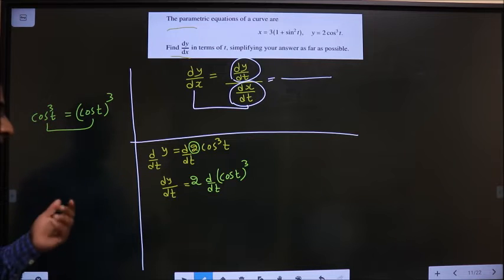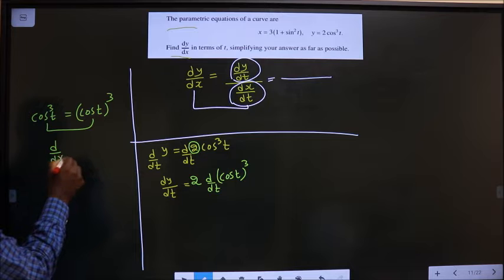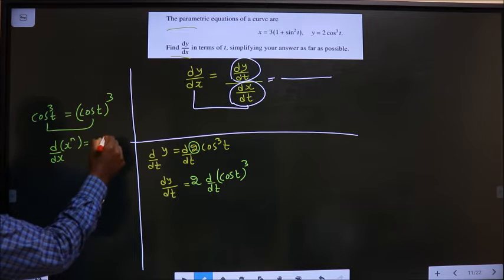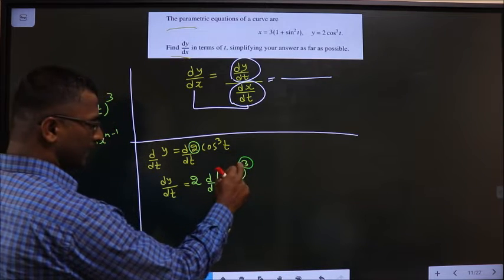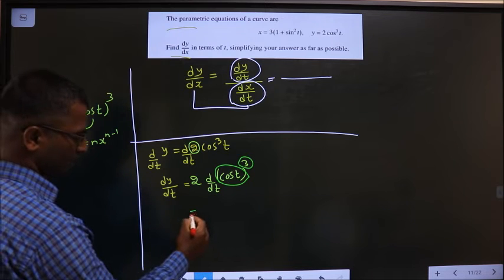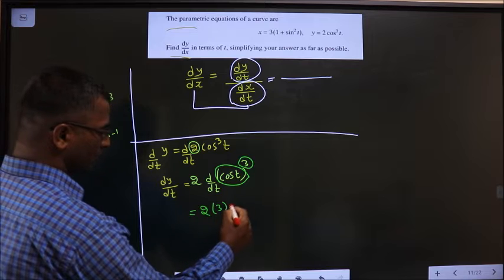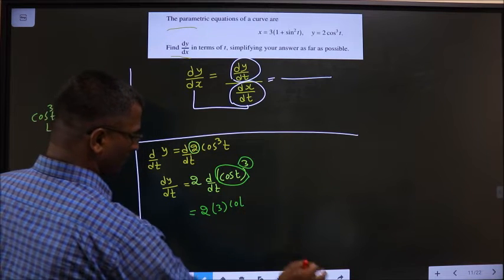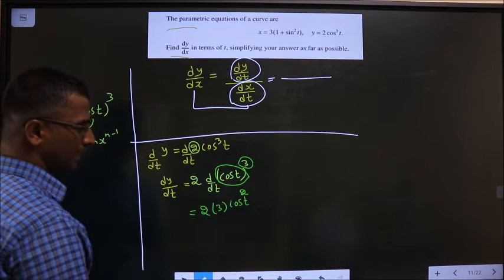Now, why did I write it in this way? Because now I can apply the formula d by dx of x to the power n, that is n times x to the power n minus 1. Here in place of n it is 3, in place of x it is cos t. So this will become 2 times 3 cos²t.